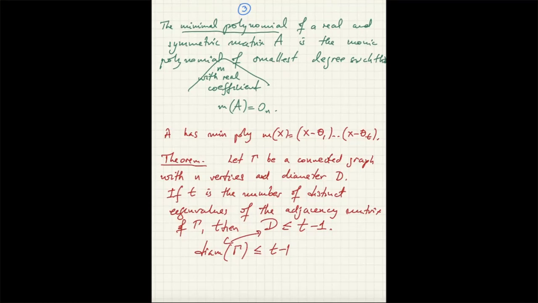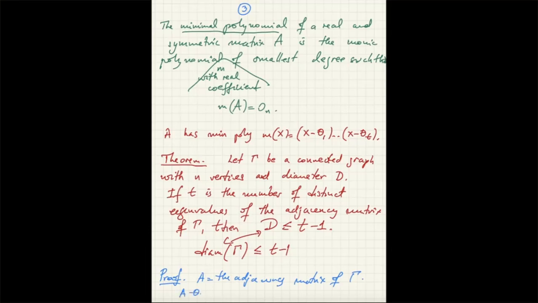So how in the world could you find such a connection? Well, it has something to do with the previous result that we discussed about the minimal polynomial. Say A is the adjacency matrix of gamma. Now what do we have?